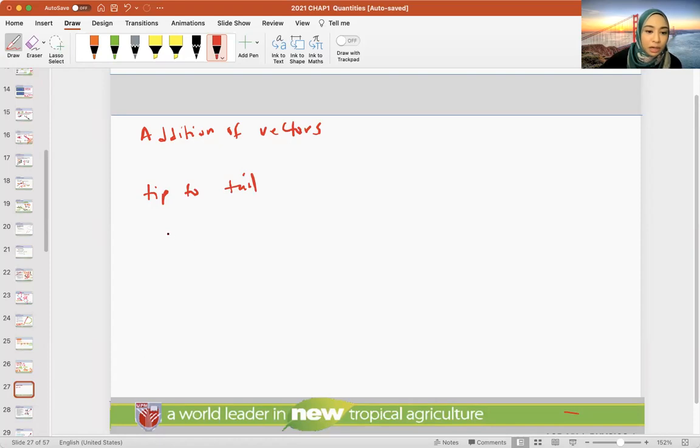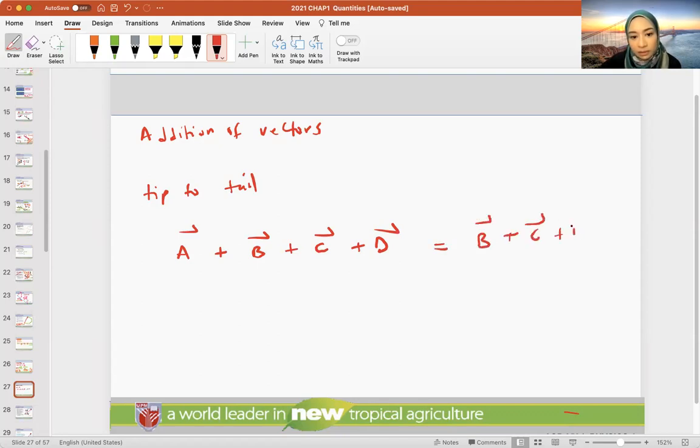And if we are adding a bunch of vectors A, B, C, D, we can change the order. This would be equal to B, C, whatever. It doesn't matter what the order is. So if you are adding vectors, they should be equal even though the order is not the same.